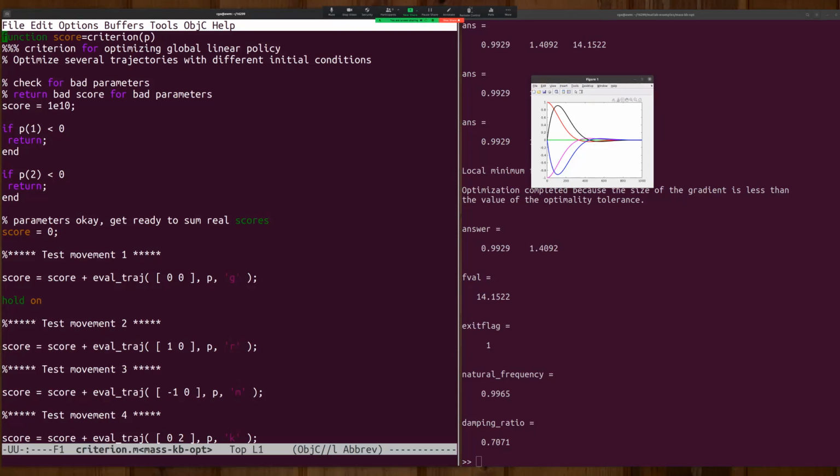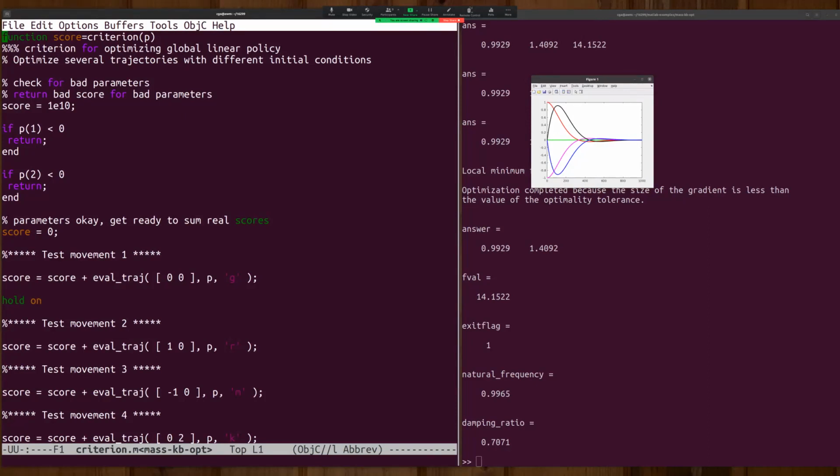They are something that starts at 1 but has no velocity, something that starts at 0 and has a positive velocity, something that starts at 0 has no velocity, that's the green one, something that starts at 0 has a negative velocity, and something that starts at -1 and has no velocity. And we get the score for each of these trajectories.